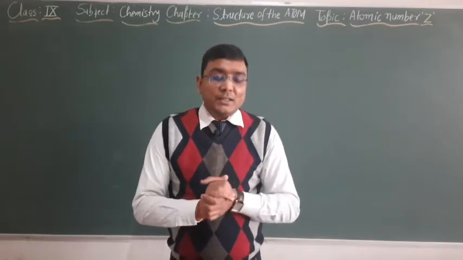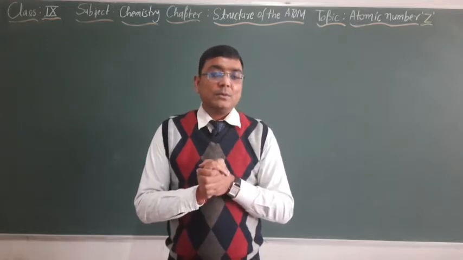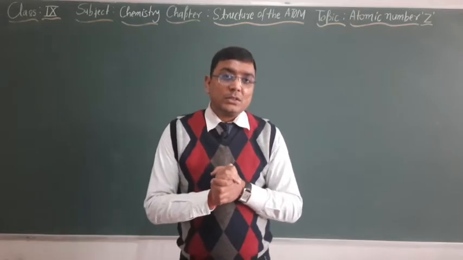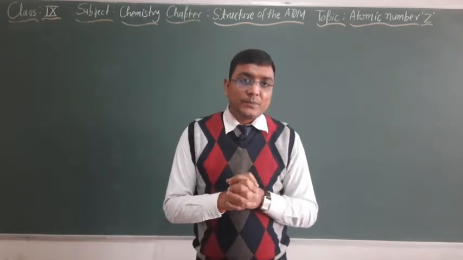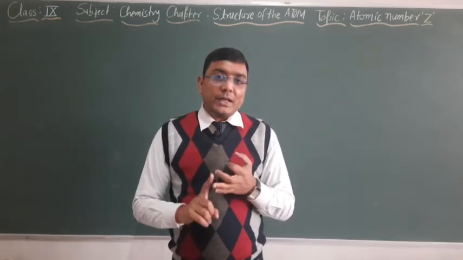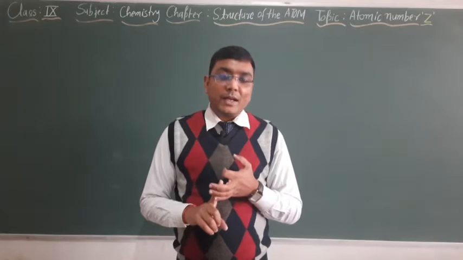So dear students, as you know, in the previous video we learned about the structure of the atom: J.J. Thomson's model, Rutherford's model, and lastly Bohr's model of an atom.